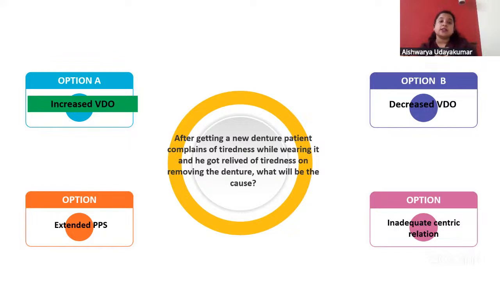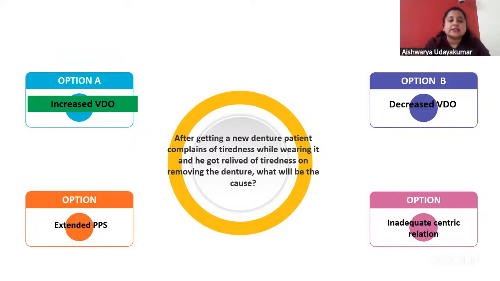If there is extended PPS, the patient will have other problems with swallowing and all. With decreased vertical dimension of occlusion, the patient will have angular cheilitis, TMJ problem, inadequate centric relation, and occlusal disturbances. And here you know that the patient is tired. Remember, when the vertical dimension is increased, the muscles are stretched. I showed you an image like a patient sitting with this side.